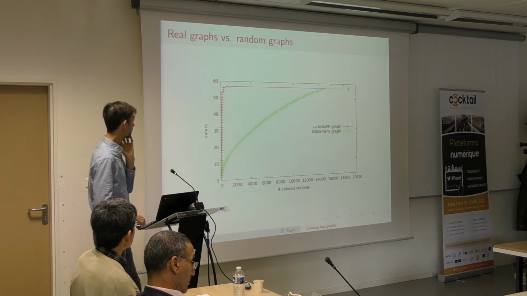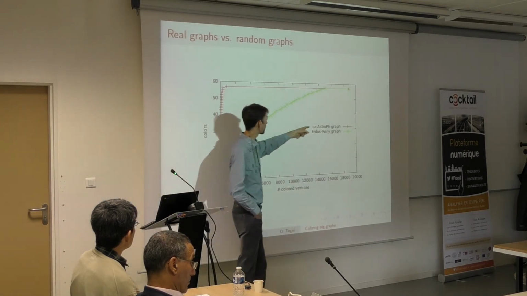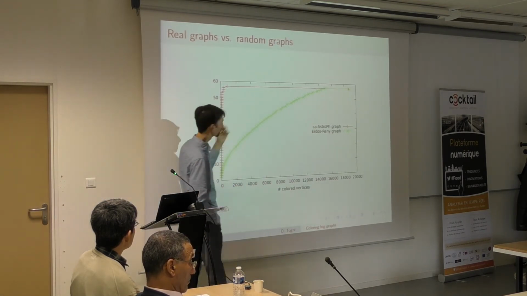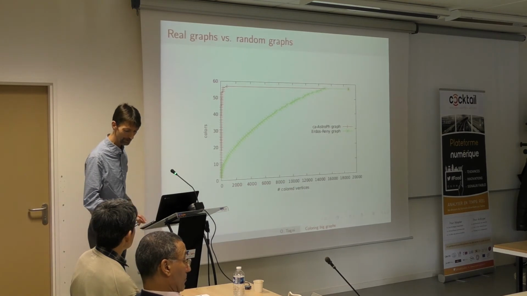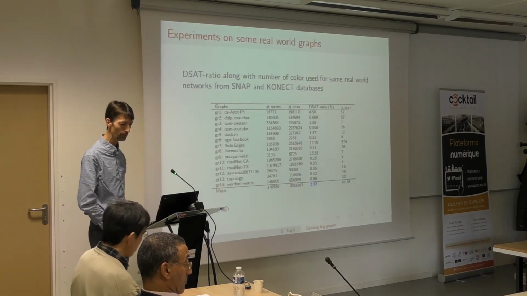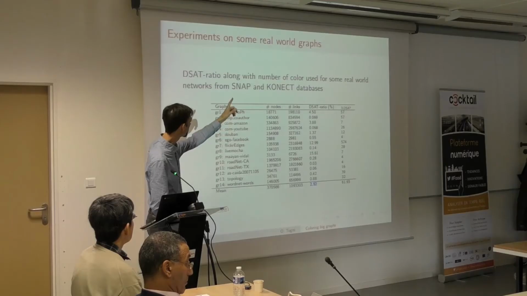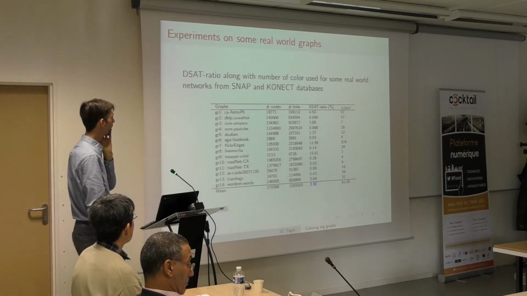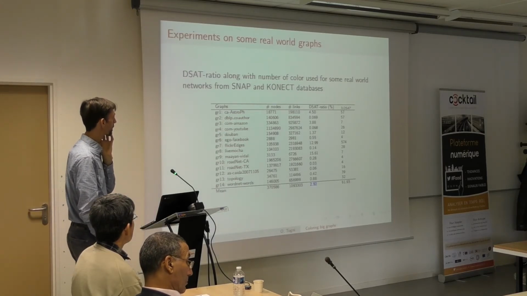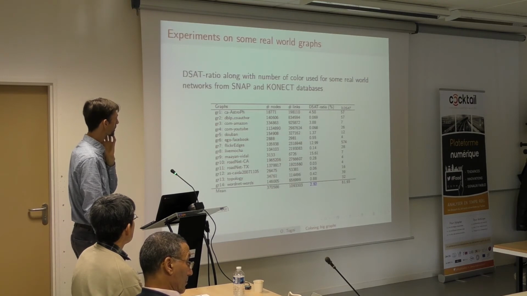So, okay, you can say I choose this graph in order to have this drawing, but no. It seems to be the same for other real-world graphs. So I only test on 14 graphs, but I think it will be more or less the same. So on the fourth column, you have the DSAT-ratio in percentage.